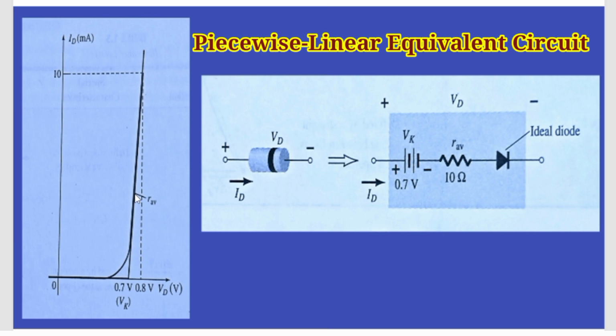It should be obvious from the figure that the straight line segments do not result in an exact duplication of the actual characteristics, especially in the knee region. However, the resulting segments are sufficiently close to the actual curve to establish an equivalent circuit that will provide an excellent first approximation to the actual behavior of the device.